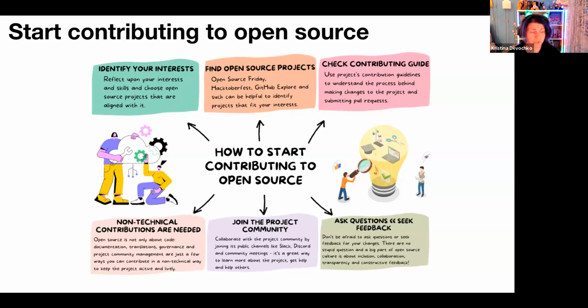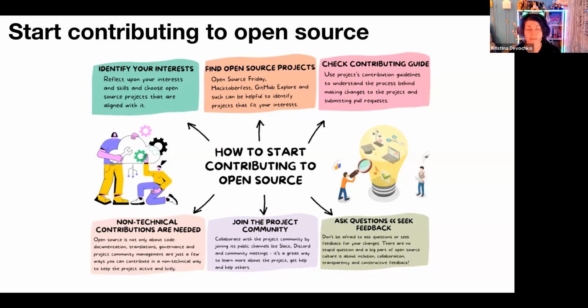And it's not only about technical contributions and contributions to the code. Non-technical contributions are very valid and very needed in many projects, and this can be anything from documentation, to translations of the content and documentation, to governance roles, memberships in the project, and community management, like helping out with the community meetings and with the issues that may be raised on the different channels like Slack and Discord or on GitHub.